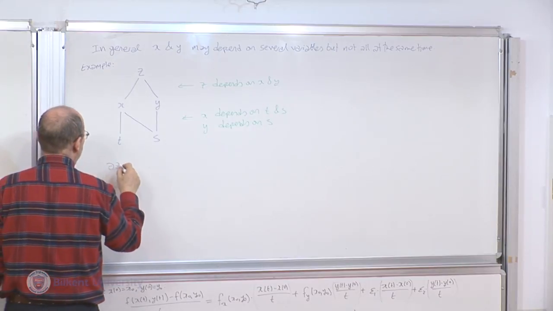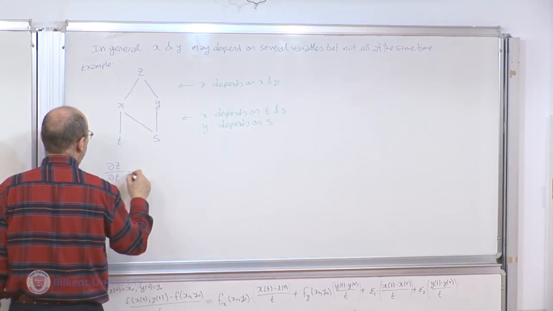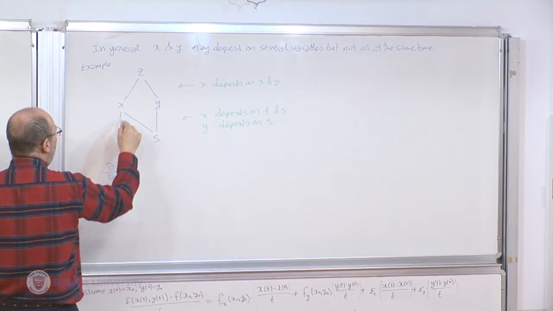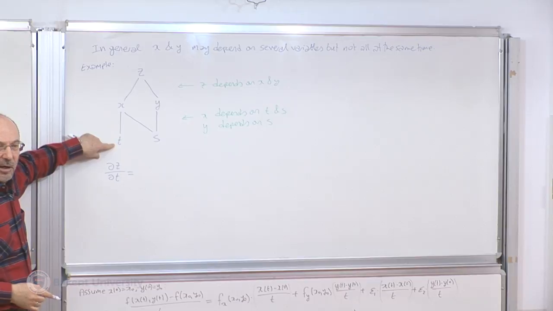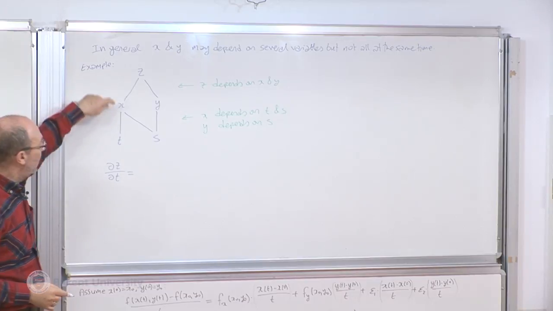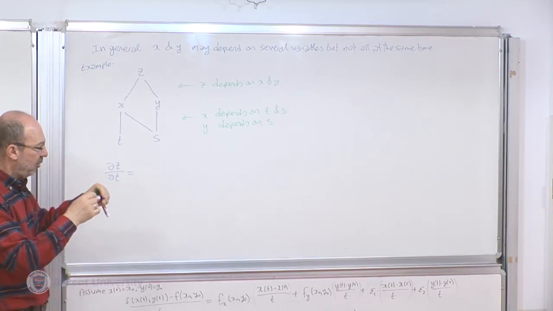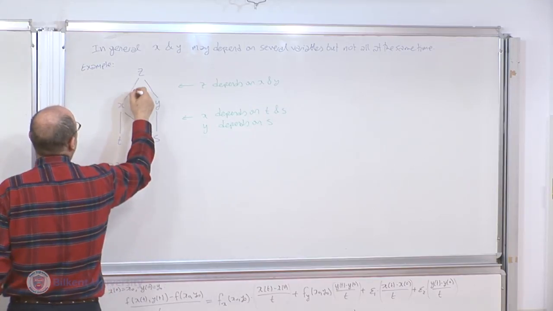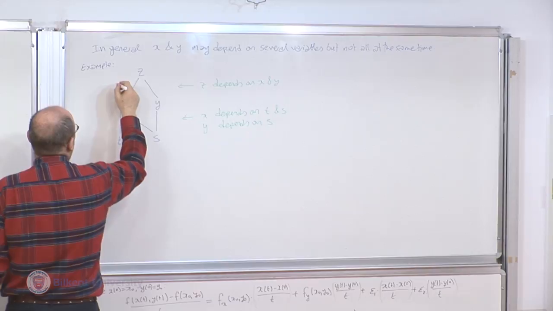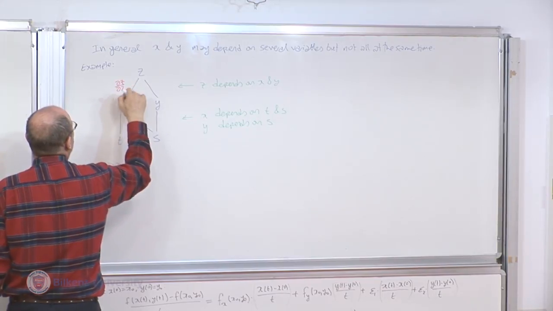Derivative of z with respect to t is equal to, now you follow all possible paths going from z to t, and for each of them you interpret as follows. This arrow here, you don't write this, but in your mind, this path reads as derivative of z with respect to x.